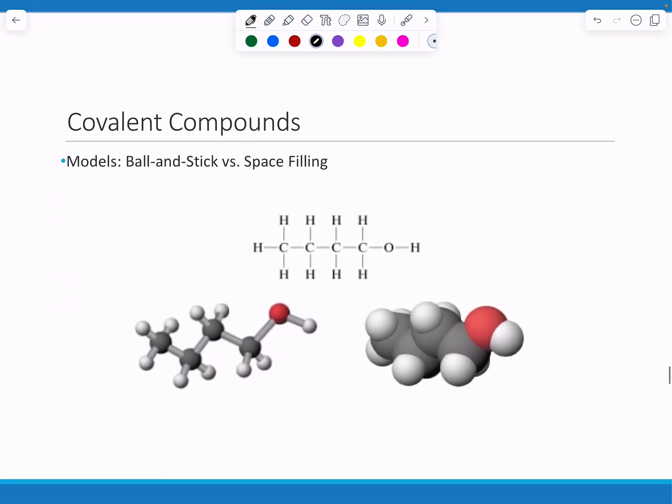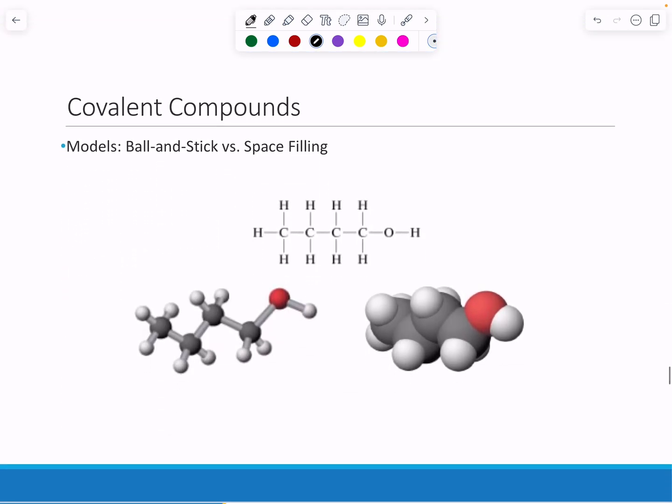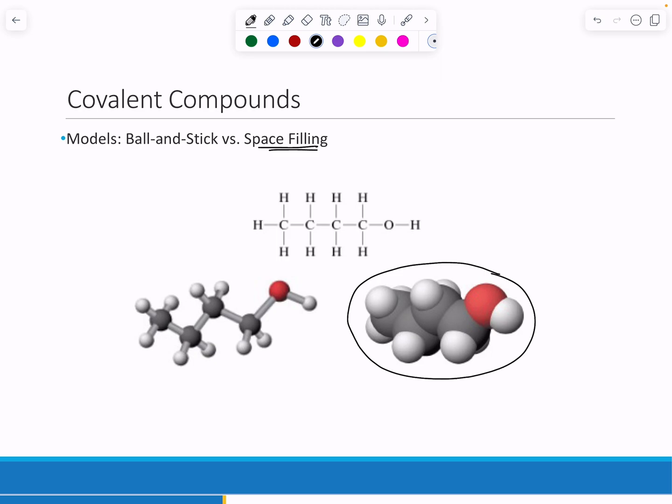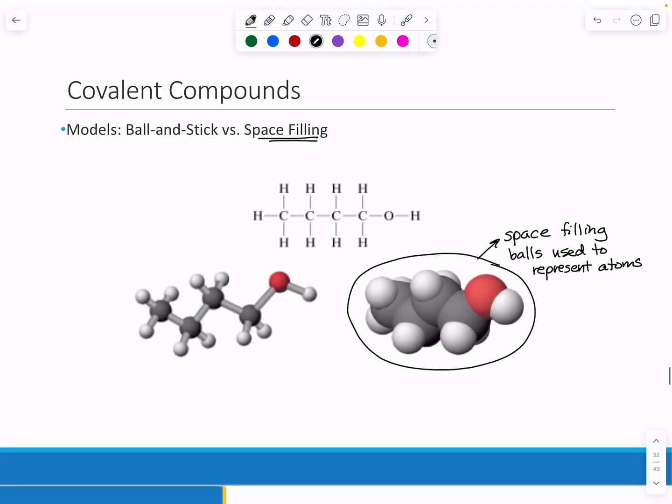Another type of three-dimensional representation is a space filling model. So this is a space filling model, and the balls used to represent atoms more accurately represent the amount of space taken up by that atom.